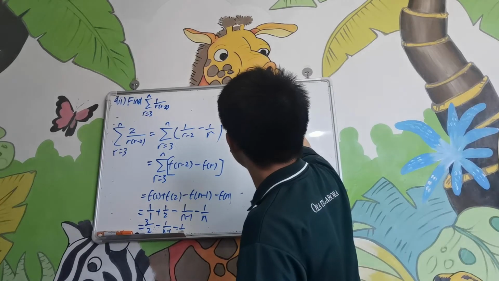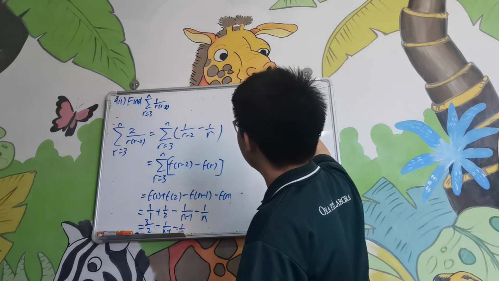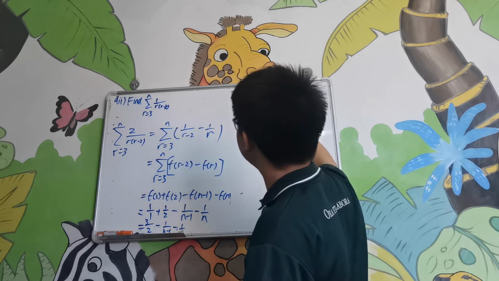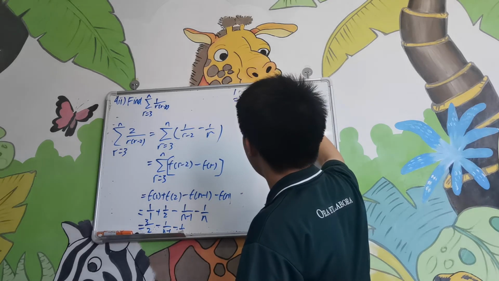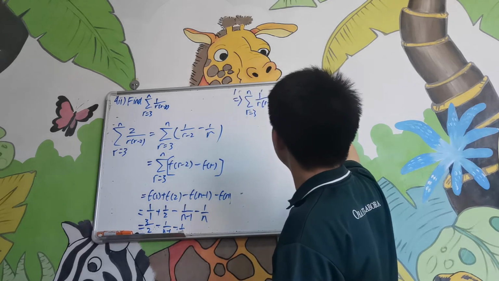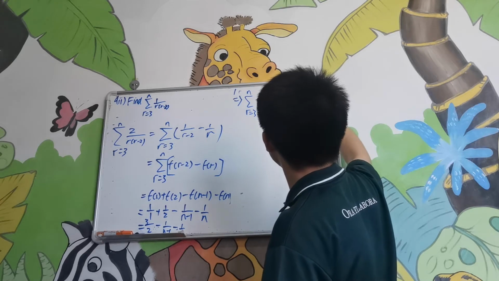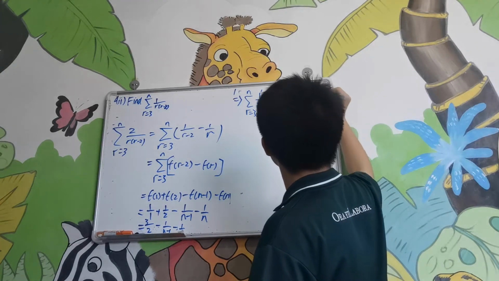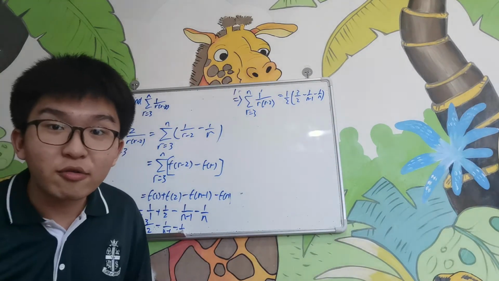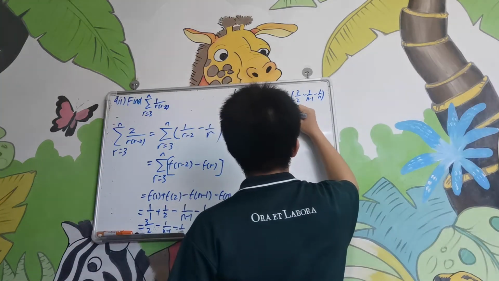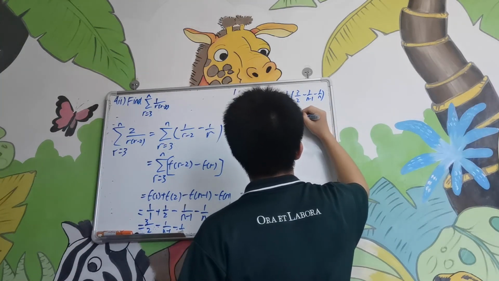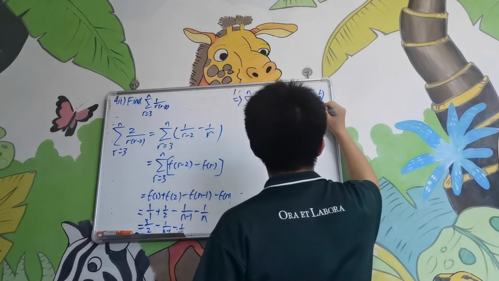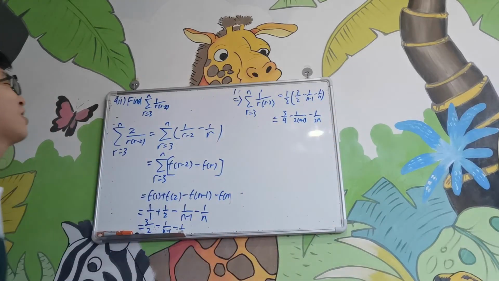Therefore, half the summation of r equals 3 to n of 1 over r times r minus 2 equals to half of that, 3 over 2 minus ..., which equals to 3 over 4 minus half of 1 over n minus 1 minus 1 over n. Okay, yeah, supposed to be fraction, so over 2n over 2n minus 1. But I hope you guys get the point.